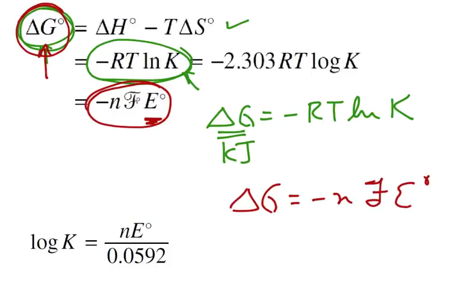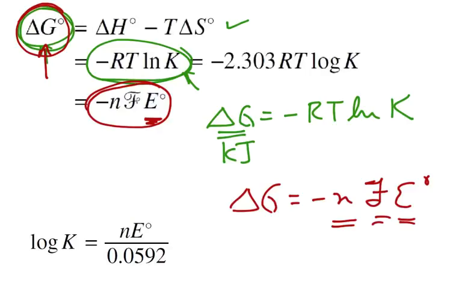The E0 we get by taking the oxidation and the reduction voltages and putting them together. N is the number of electrons that were canceled when we put together the two half reactions, so the number of electrons transferred during the reaction.